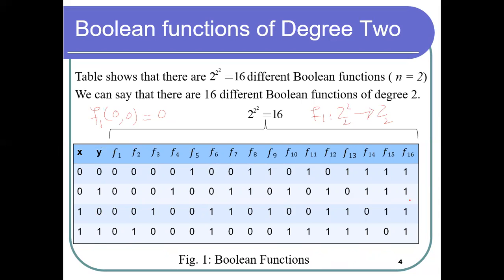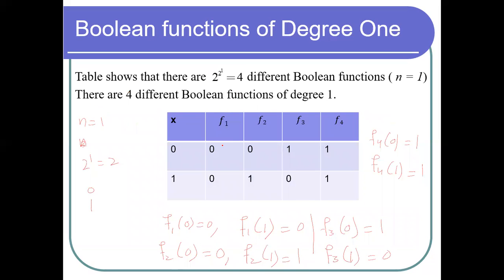Here all these 16 Boolean functions are single valued Boolean functions. F22 is again a single valued Boolean function. So all these, AND, OR, NOR, NOT, all the basic Boolean functions defined on any logical circuit, are defined over here.